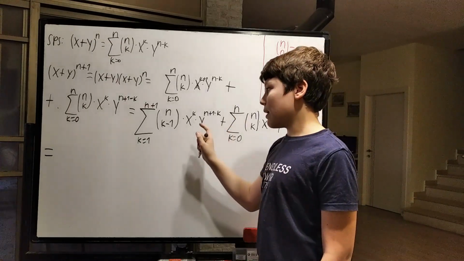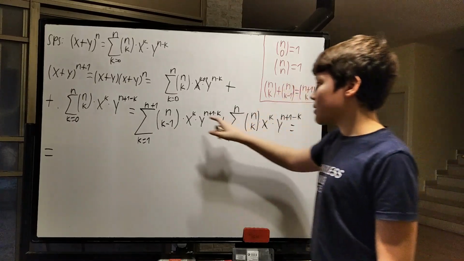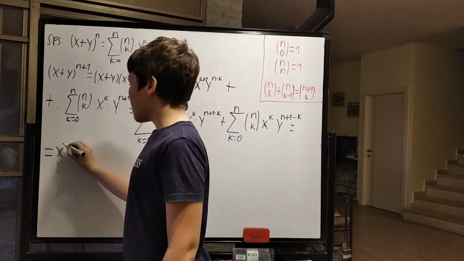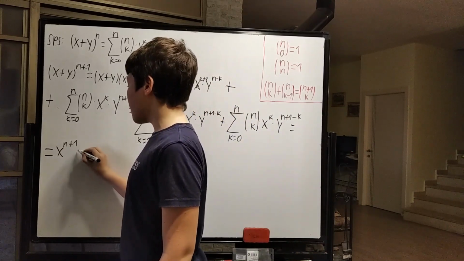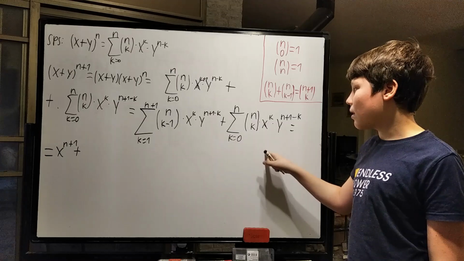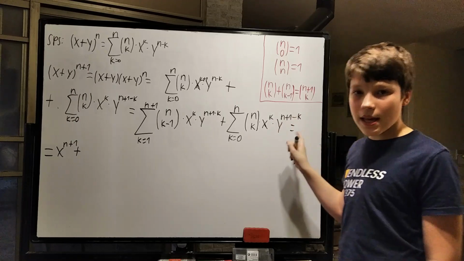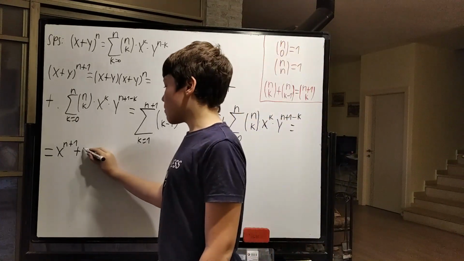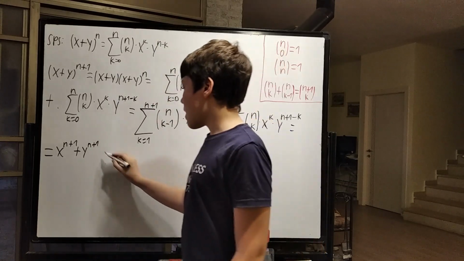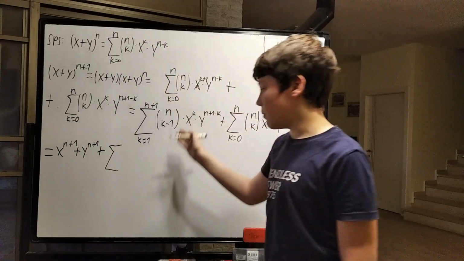So the n plus first term here, we'll have n choose n, always 1, times x to the n plus 1, times y to the 0. So we'll have x to the n plus 1, and then plus the 0th term here, I have n choose 0, always 1, times x to the 0 times y to the n plus 1. So that will be plus y to the n plus 1. And then plus what we have left here.